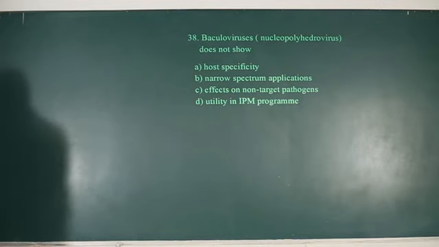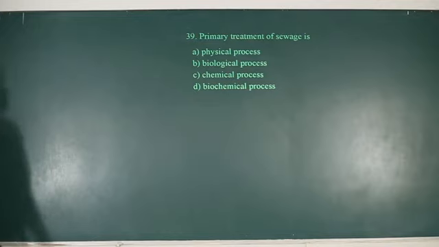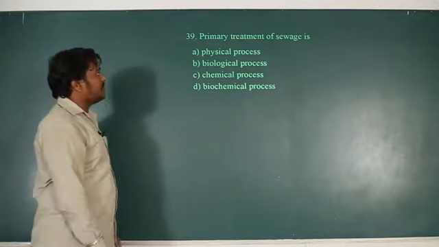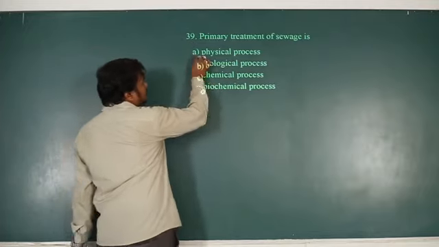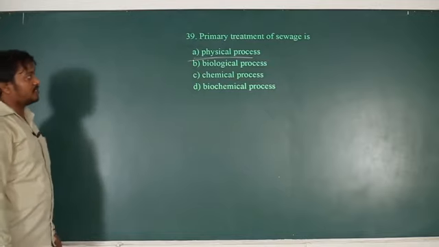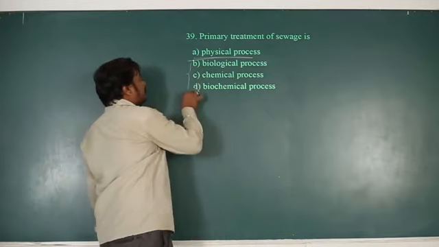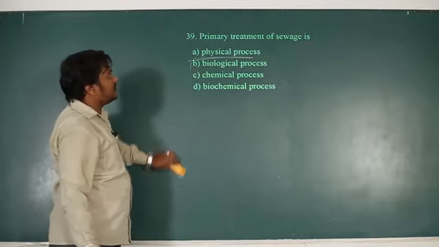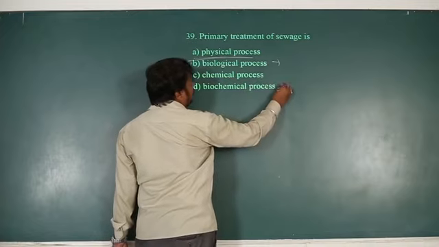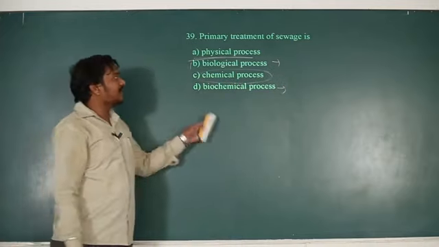Okay, next question number 39. Primary treatment of sewage is a physical process, biological process, chemical process or biochemical process? It is a physical process. In primary treatment, we remove the physical debris. Biological and biochemical processes come under secondary treatment, especially the reduction of biochemical oxygen demand. Chemical processes are tertiary; treatment with chlorine is a chemical process.